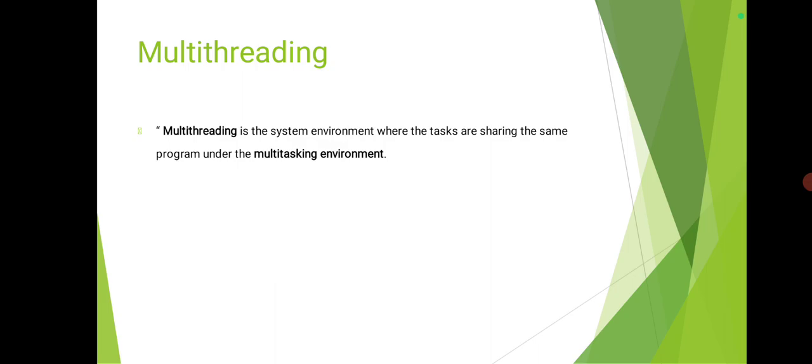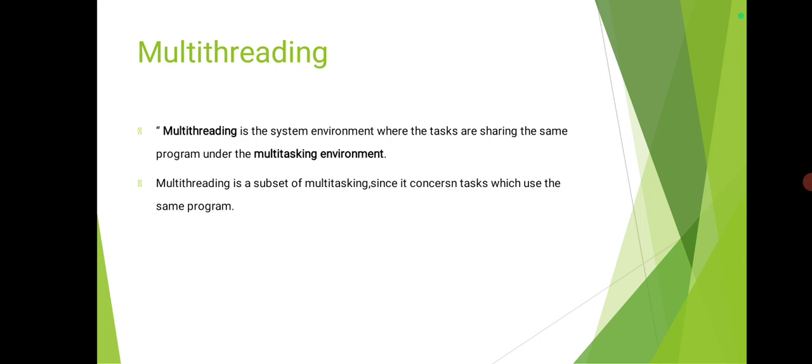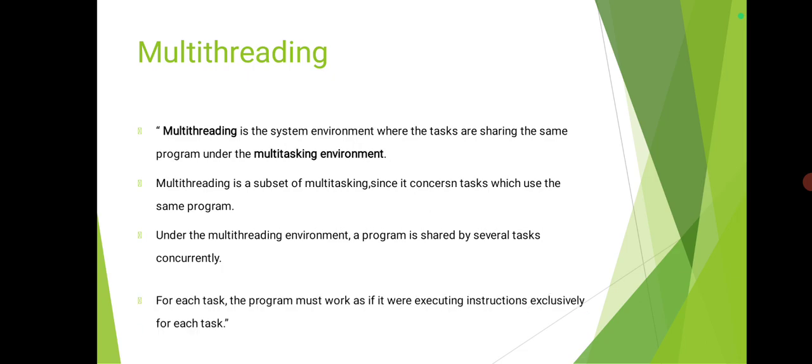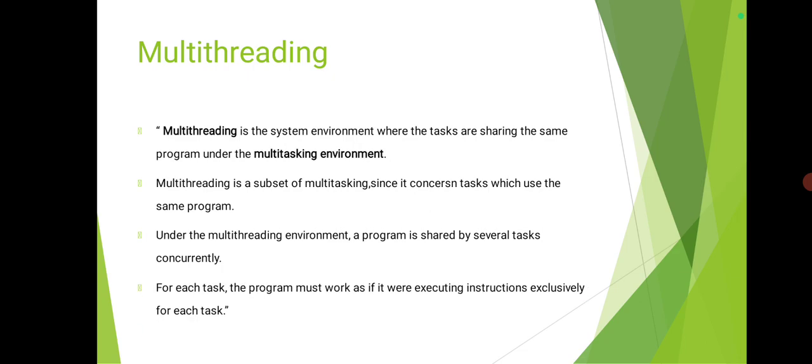Multi-threading is a system environment where the tasks share the same program under the multitasking environment, and it is a subset of multitasking since it concerns tasks which use the same program. Under the multi-threading environment, a program is shared by several tasks concurrently. For each task, the program must work as if it were executing instructions exclusively for that task.